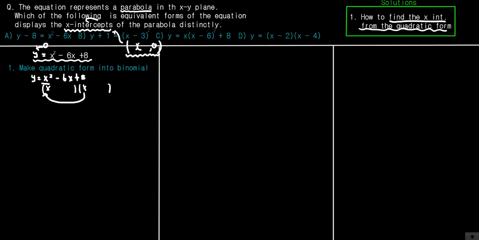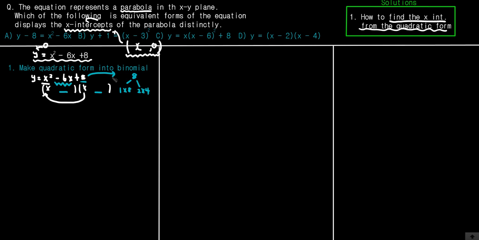If you multiply these two terms that I'm pointing out together, we need to get 8, and if you add them, we need to get negative 6. So we can think about the factors of 8: 1 times 8 and 2 times 4.